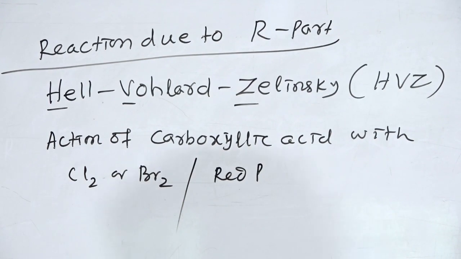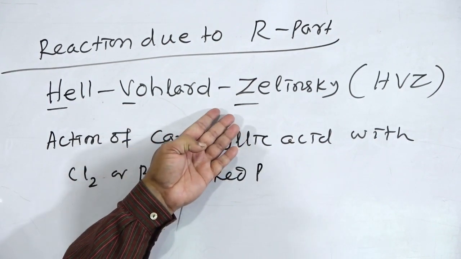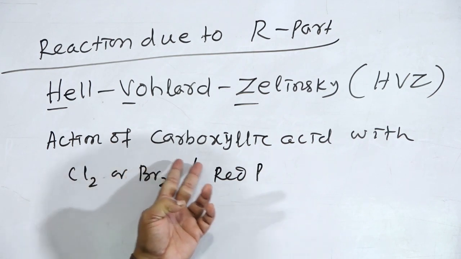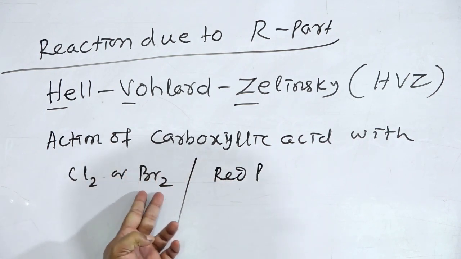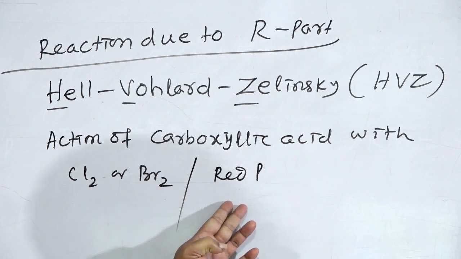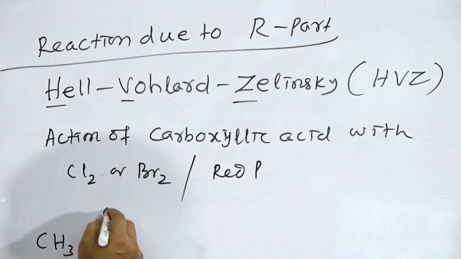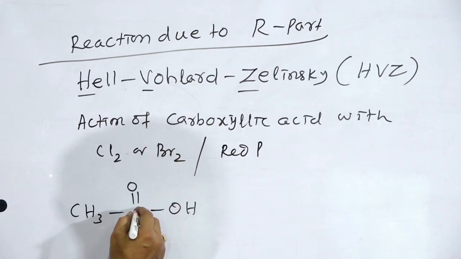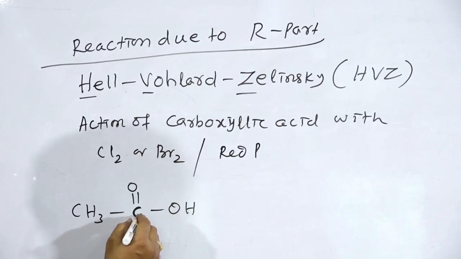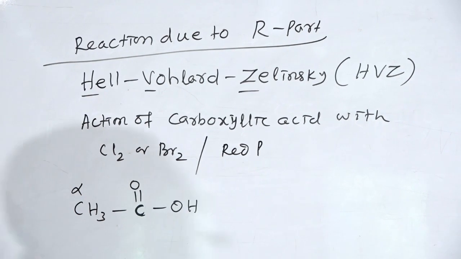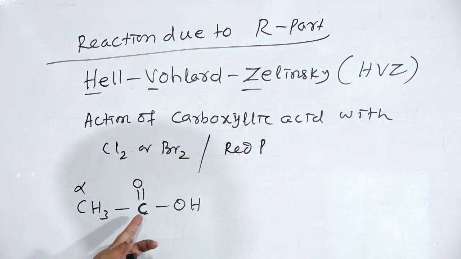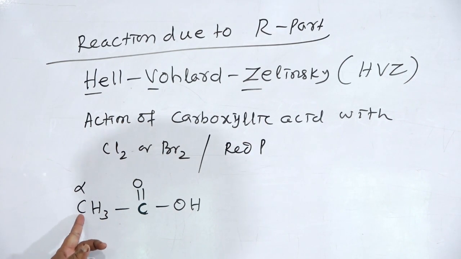It is known as the Hell-Volhard-Zelinsky reaction, HVZ reaction, the action of carboxylic acids with Cl2 or Br2 in the presence of red phosphorus if alpha hydrogen atoms are present. For example, CH3COOH. This is the carbonyl group. The carbon atom nearby this carbonyl group is known as the alpha carbon atom.